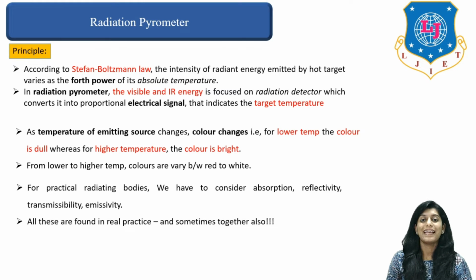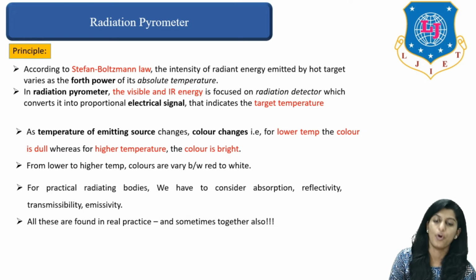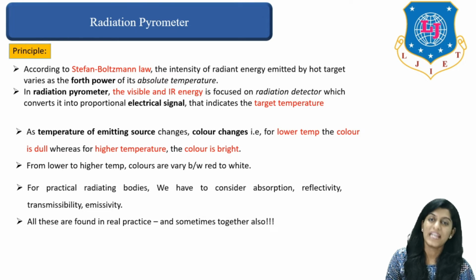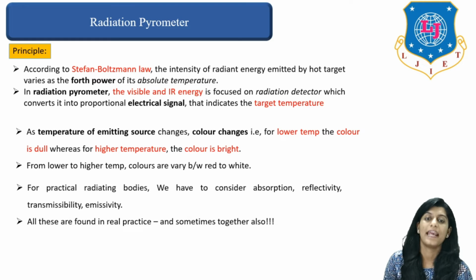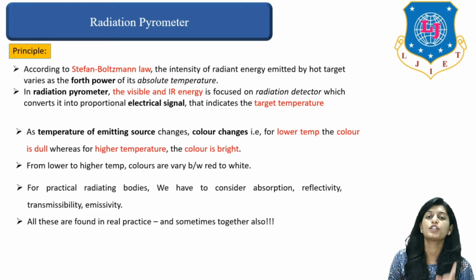So let us discuss what is basically the principle of radiation pyrometer. It works on the principle of Stefan-Boltzmann law. We all are very much aware of Stefan-Boltzmann law. It states that the intensity of radiant energy emitted by a hot body varies as the fourth power of the absolute temperature.